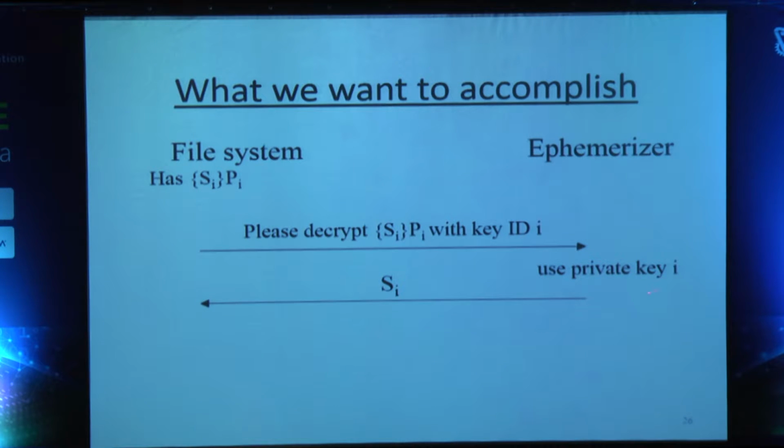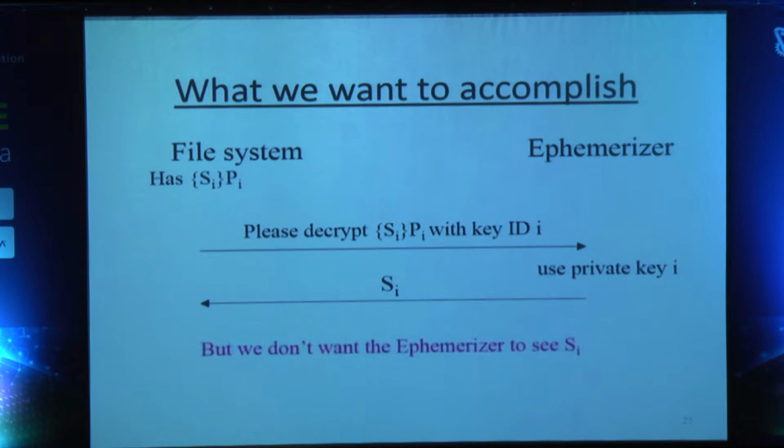By the way, is the little red dot at all readable, or should I not bother trying to point to things? He applies his private key, which unlocks this, and he can send S sub I back. So that's how you would ask him to decrypt.